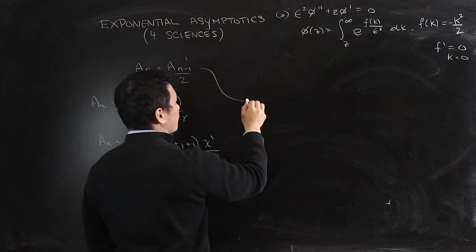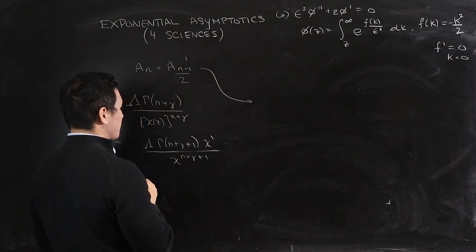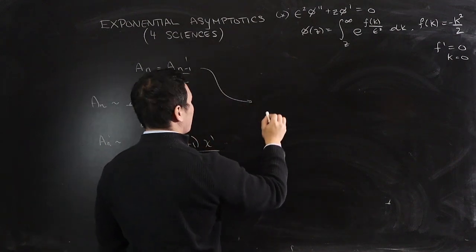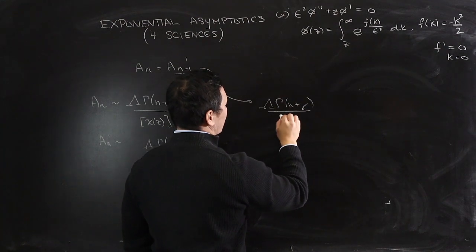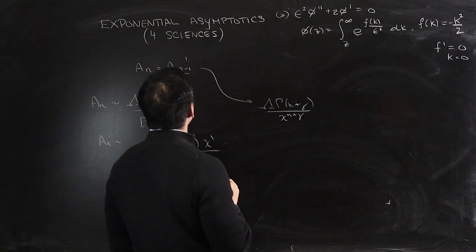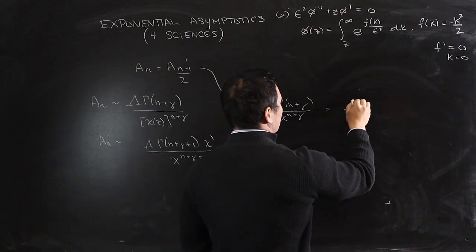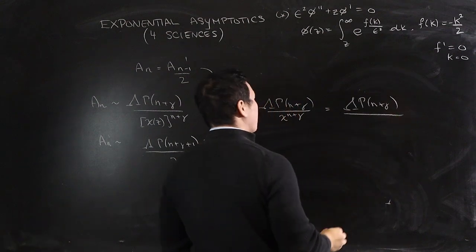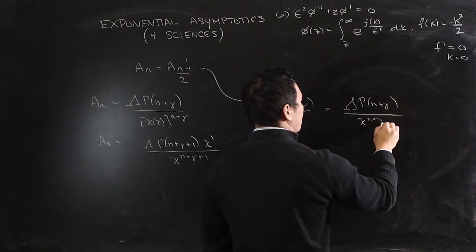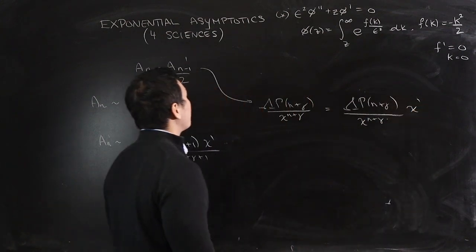So now the recurrence relation will tell me that I have lambda times gamma function of n plus gamma over chi of n plus gamma is equal to lambda of gamma of n plus gamma over chi of n plus gamma, but I have a chi prime here.